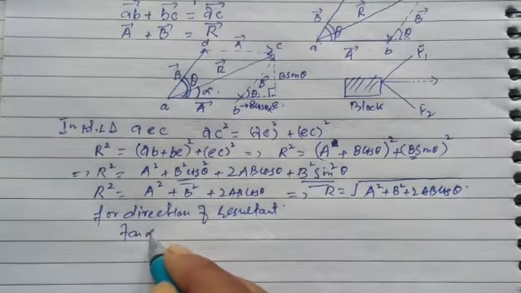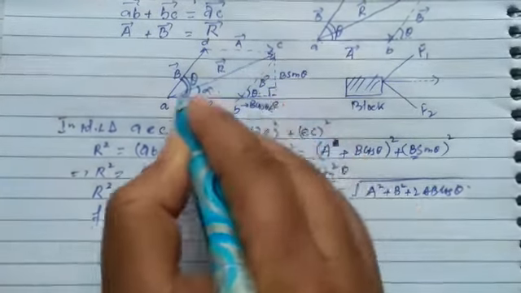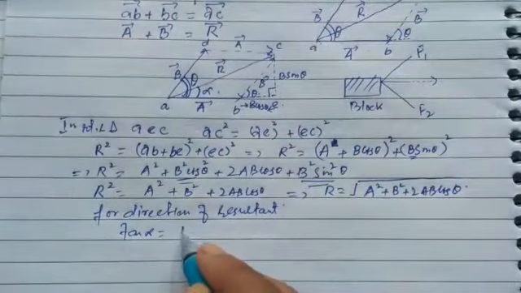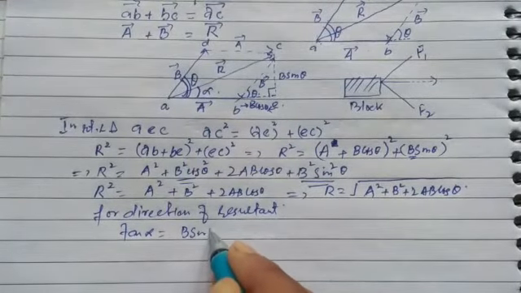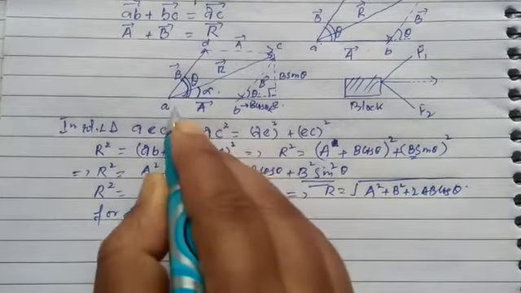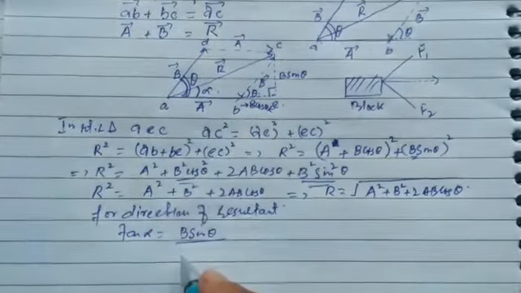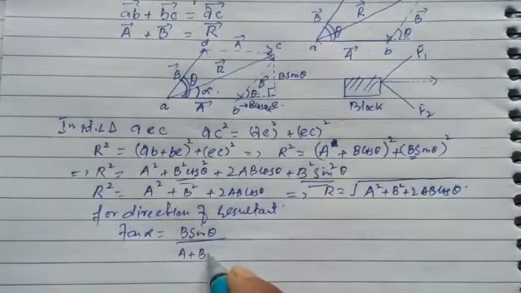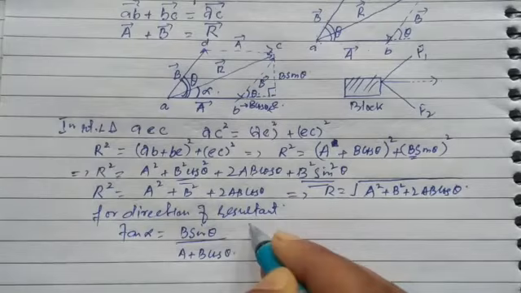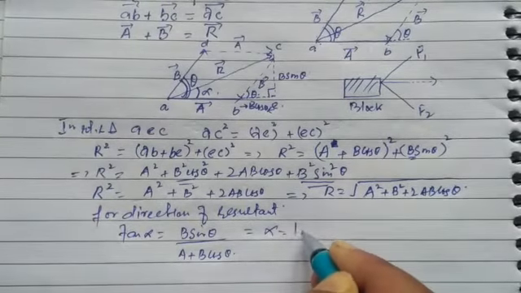Tan alpha is equal to, from this triangle, perpendicular, that is B sin theta, by base. How much is that? This whole, that is A plus B cos of theta, which implies alpha equals tan inverse.